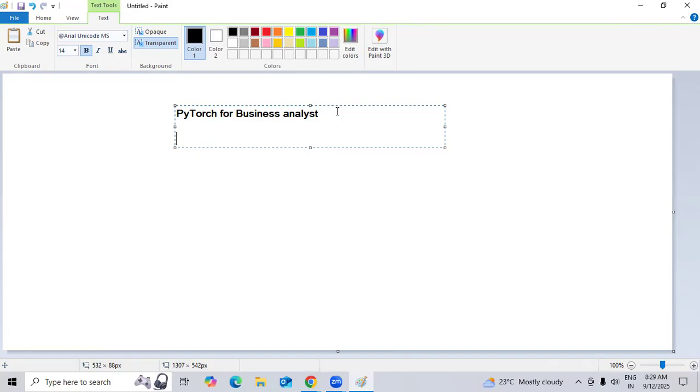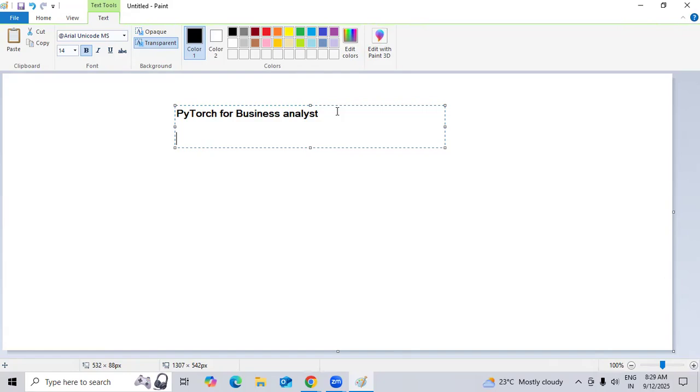This is all something that we normally do. As part of it, first of all, as a BA, in what way is this PyTorch tool useful? This is something that we need to know.